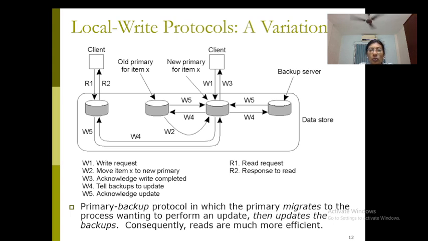Then local write protocols, a variation. Here, the primary backup protocol is shown in which the primary migrates to the process wanting to perform an update, then updates the backup. Consequently, reads are much more efficient. Stepwise actions are shown in this diagram.